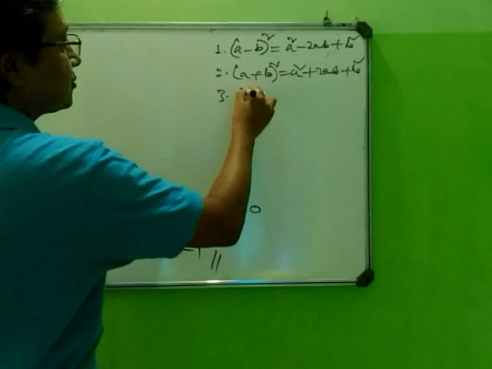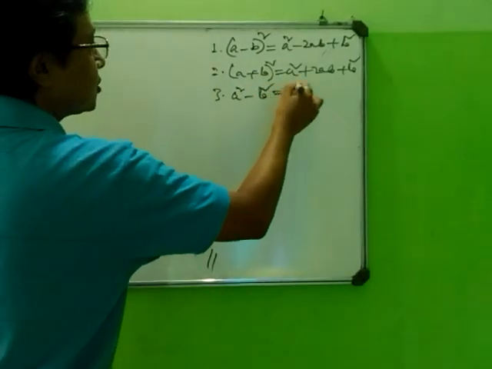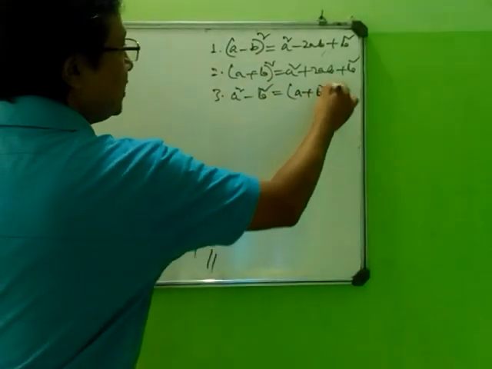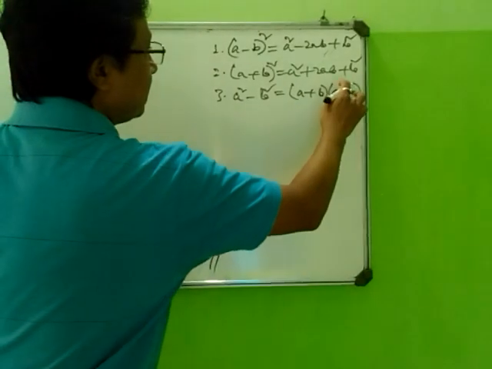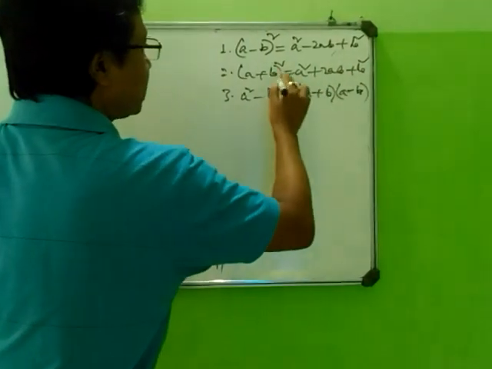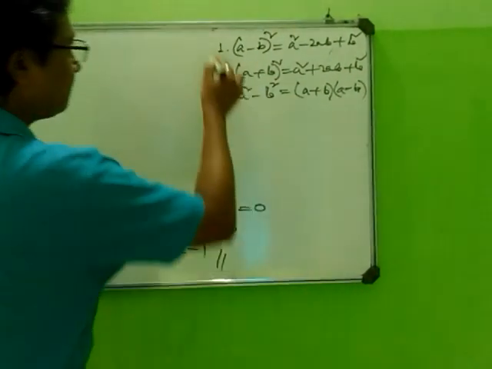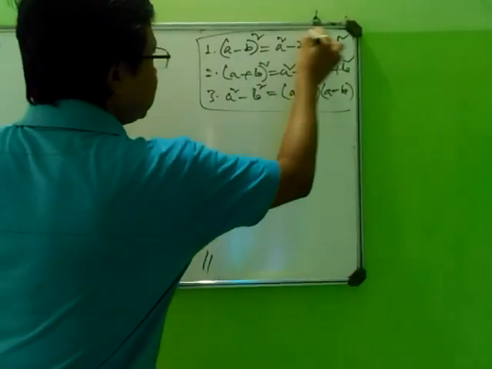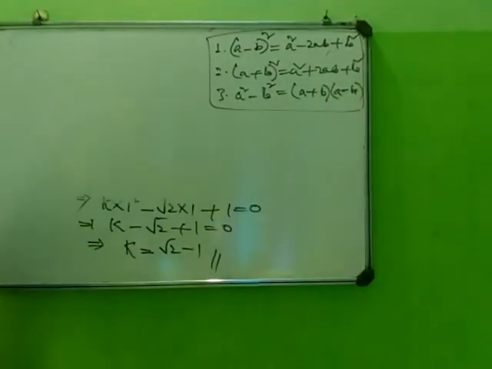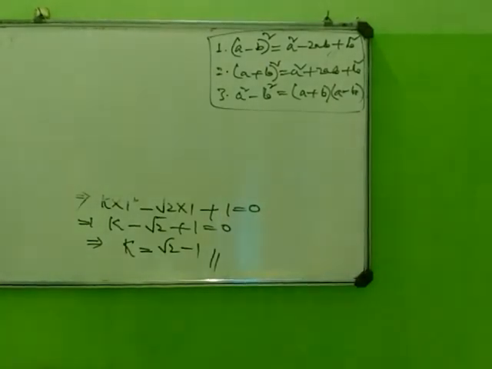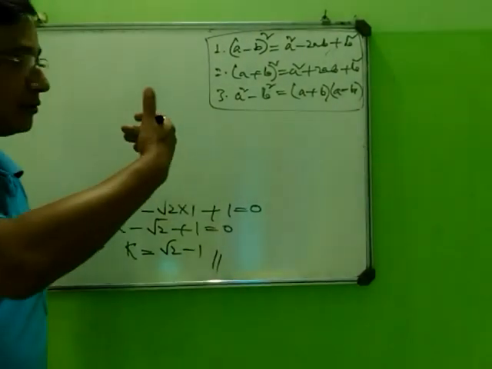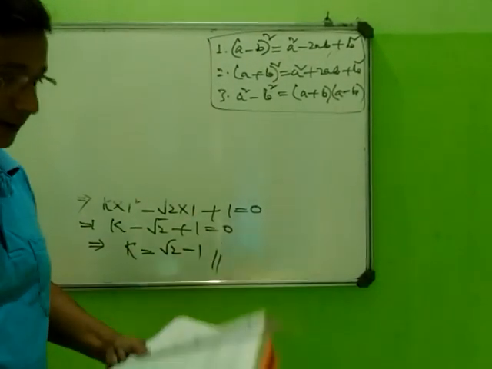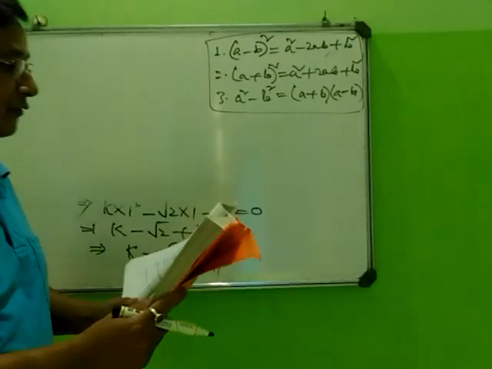Then you got a square minus b square equals (a plus b) into (a minus b). These three identities you have learned in class 8. Now you will get more identities in the subsequent classes. So today we will be just learning a few of them.